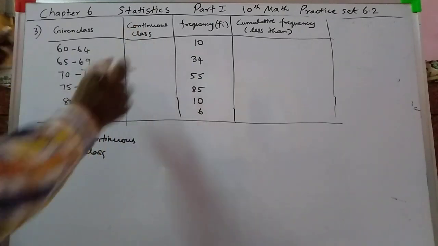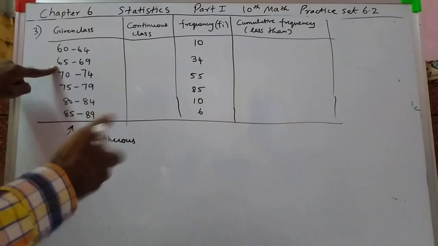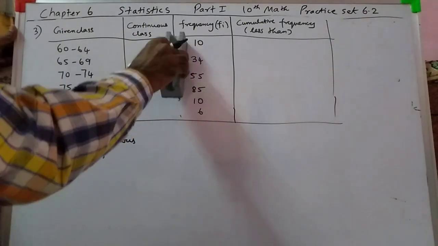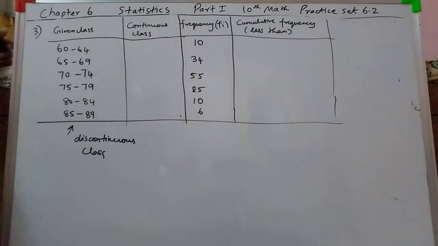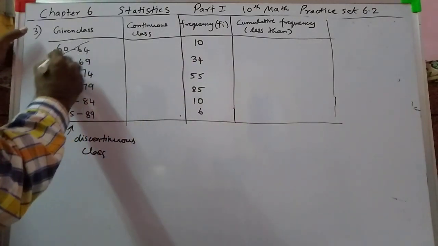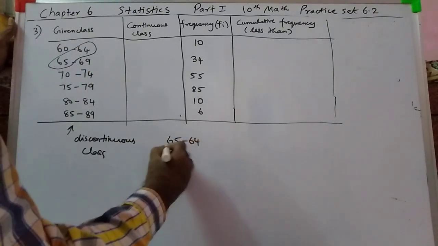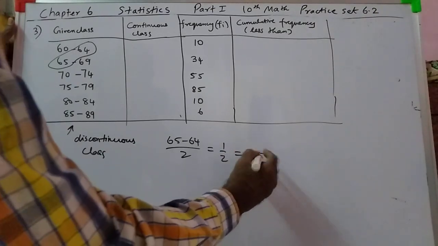Class, you have to make it continuous. It is 64, it is 65. So you have to convert into a continuous class. Here is how you can do that. First take this part: 65 minus 64 divided by 2, 1 by 2, 0.5.